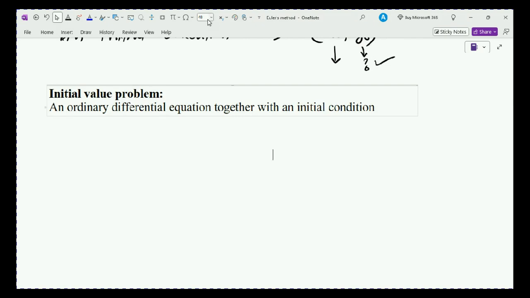Now let's look into how Euler's method enables us to solve an ordinary differential equation. We'll not look into the detailed theory, but the following discussion will give you an idea of how an ordinary differential equation can be solved using Euler's method.